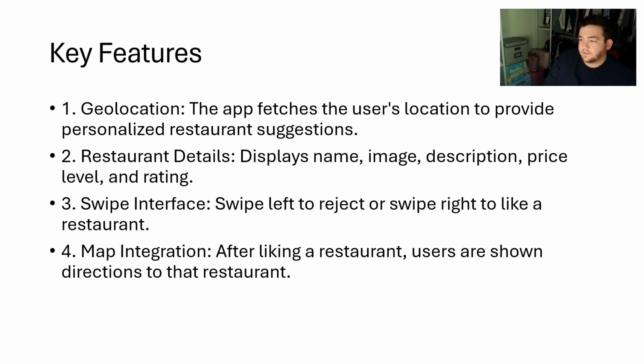You can dislike until you find one that you're like, oh, that's interesting, and like it. It also integrates Google Maps. After you like the image, you are presented with a map showing your location to the address of that restaurant.